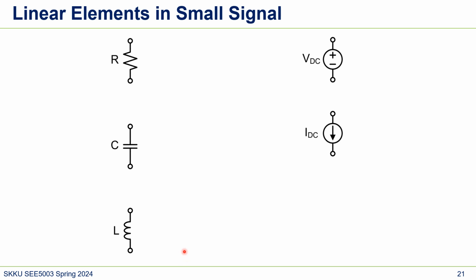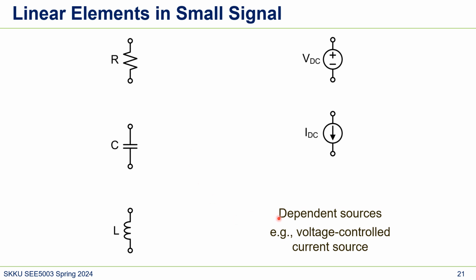In a small signal model, we change components to linear components. These are examples of linear components: resistor, capacitor, inductor, voltage source and current source. So these appear in the small signal model. But there are a few more things, dependent sources. For example, a voltage controlled current source. What it means is that here there is a current, and let's say this current flows like V1, okay?